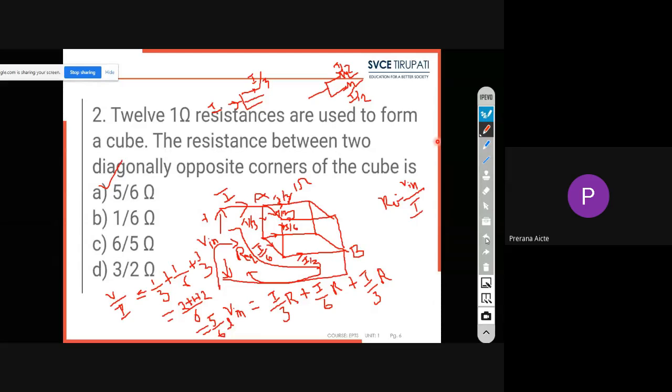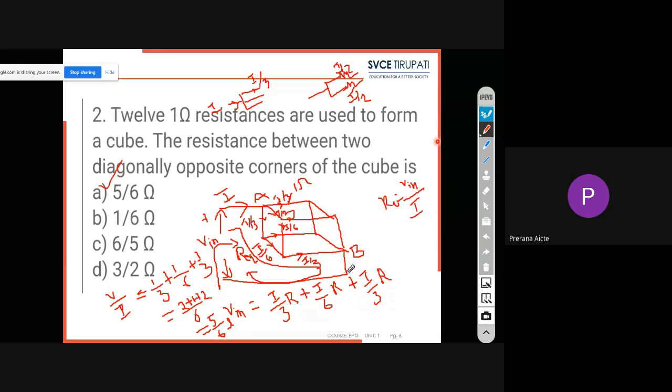Is it okay? The resistance between two diagonally opposite corners of the cube is asked. So this is the cube, and A and B are the two diagonal points. I need to find the equivalent resistance between A and B.